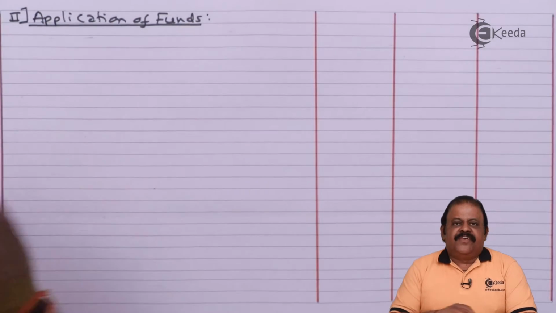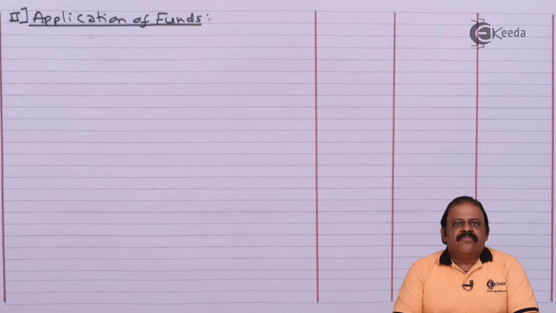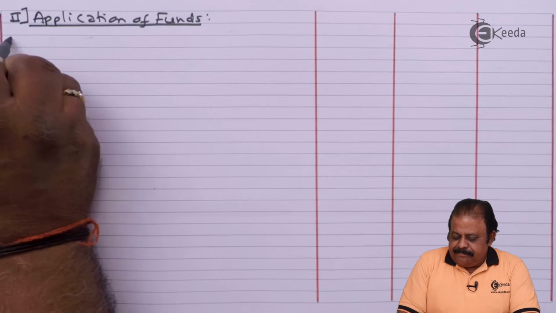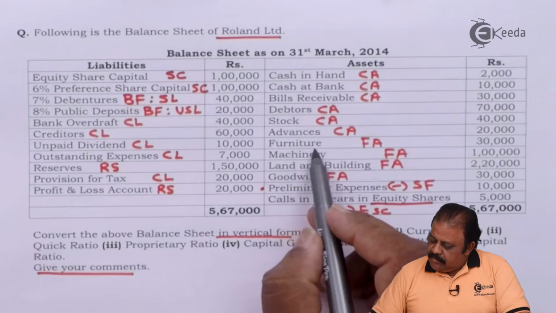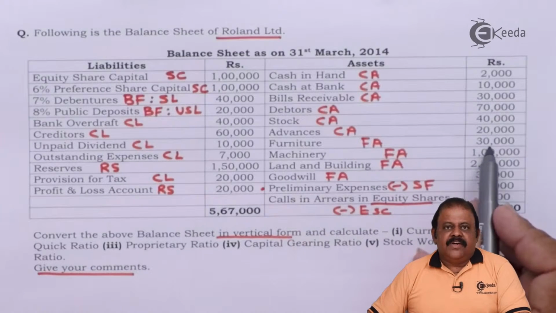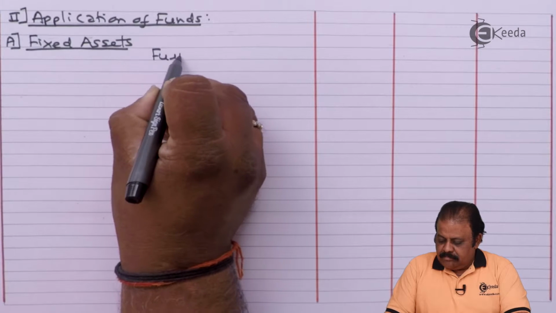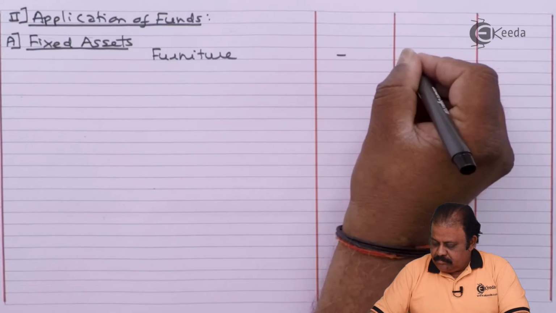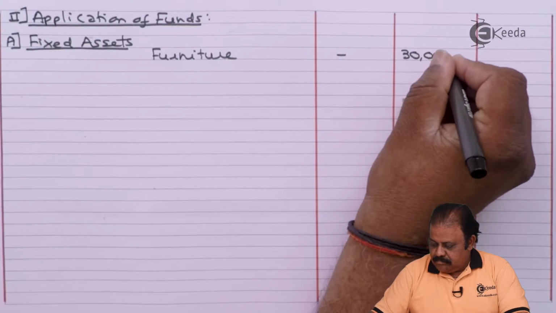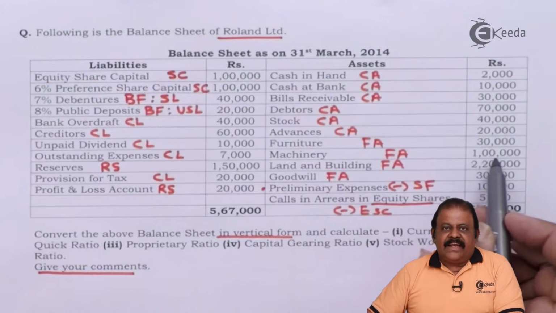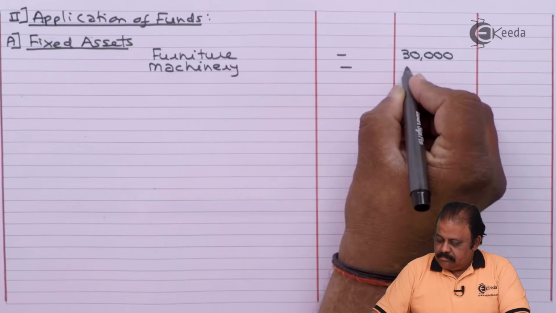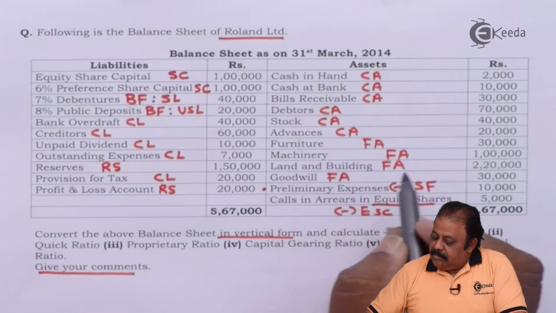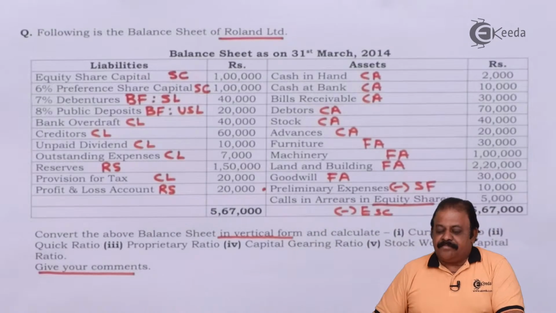In application of funds, first we have fixed assets. Furniture 30,000. Machinery 1 lakh. Land and building 2,20,000.